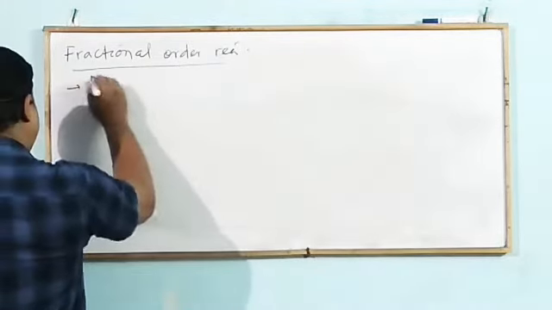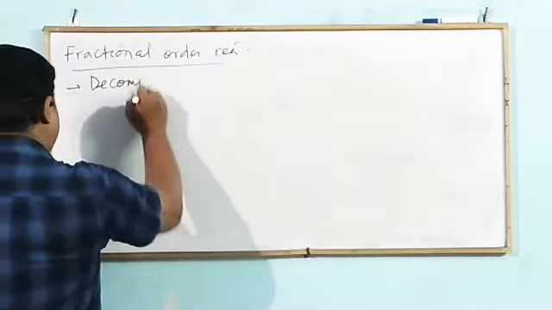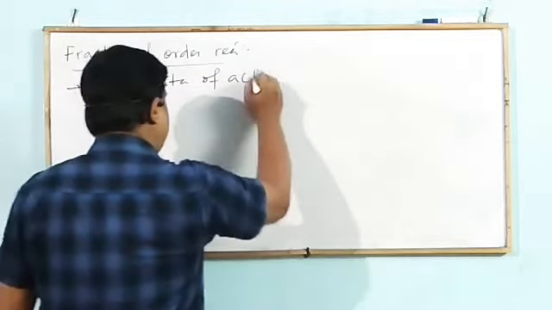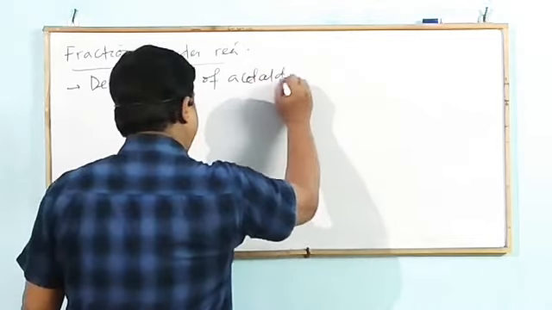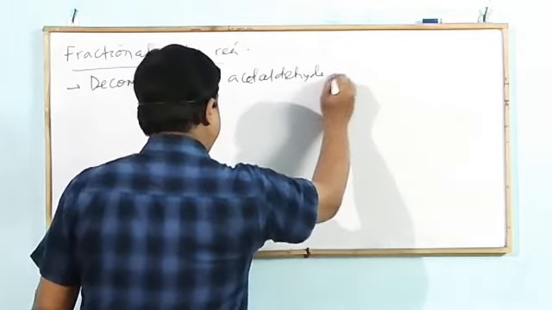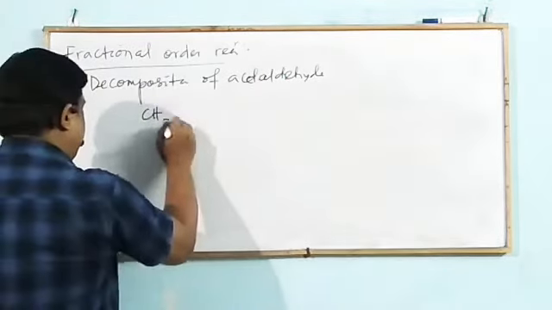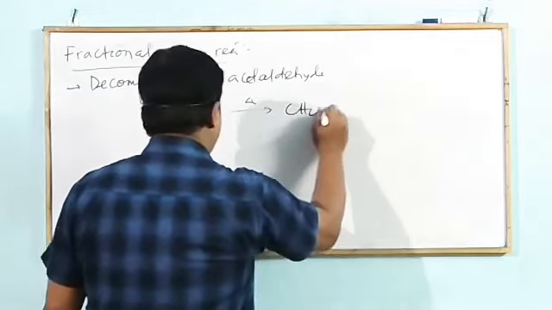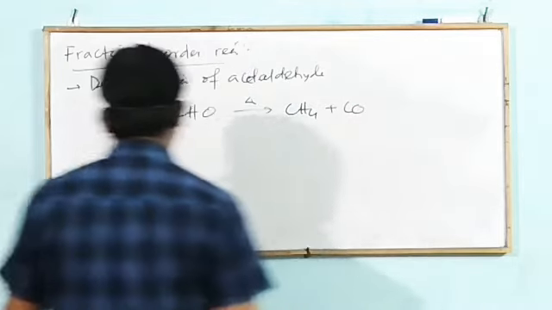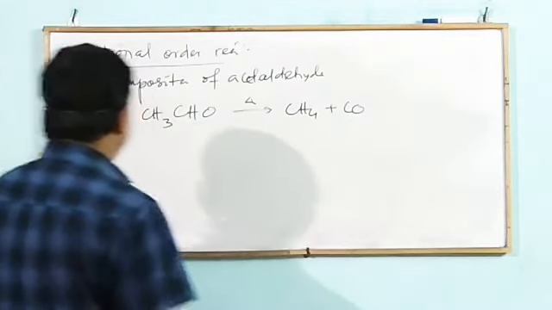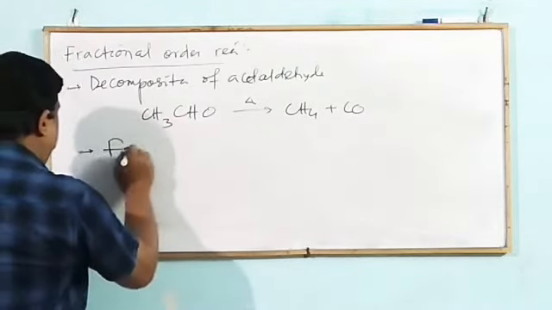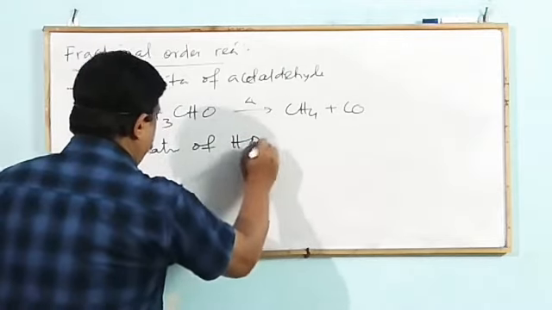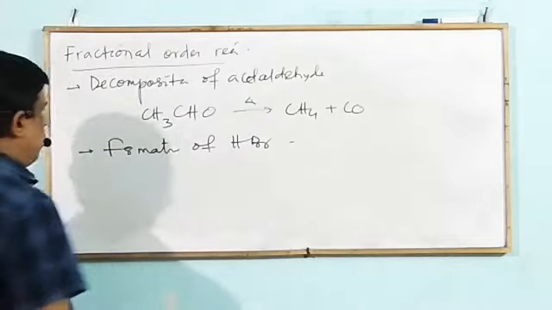Suitable example is decomposition of acetaldehyde. Equation is CH3CHO breaks down to CH4 plus CO. Another example, formation of hydrogen bromide.